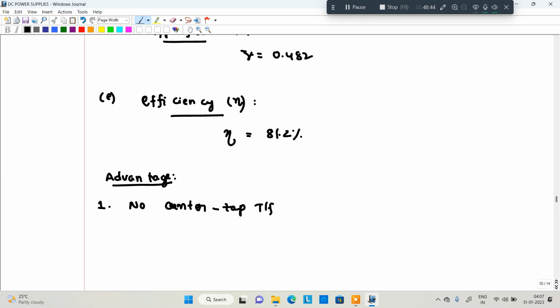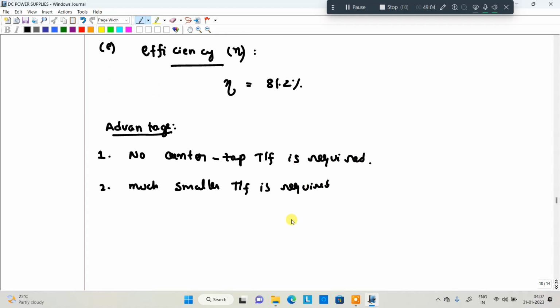Next, the second advantage: a much smaller transformer is required compared to the center tap full wave rectifier.